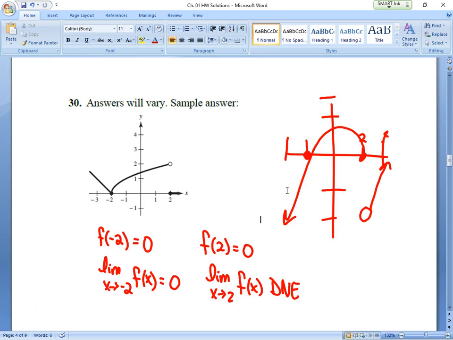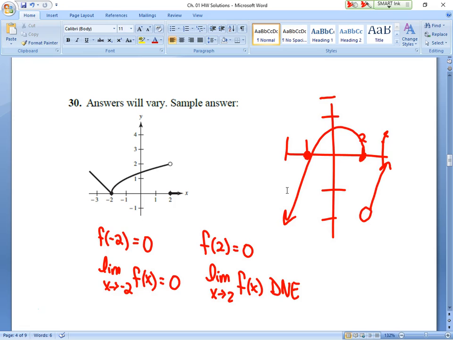From above, the approach is 0, and the function is at 0, because that's where the closed circle is. The function is not there. The diner is open for business here, not there. But the limit does not exist, although the approach did exist from each side, but since they didn't agree, the limit does not exist.